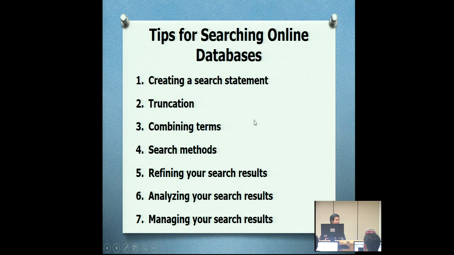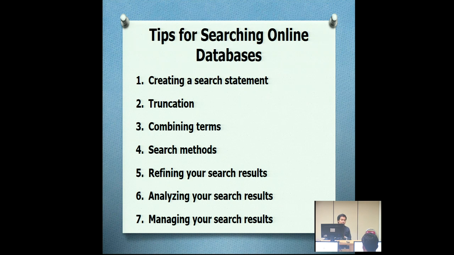The third step, if you have multiple keywords, more than one keyword, you have to know the rules to combine the terms and give them conditions. If you want to find all of the words in the same document, what operator do you have to use?